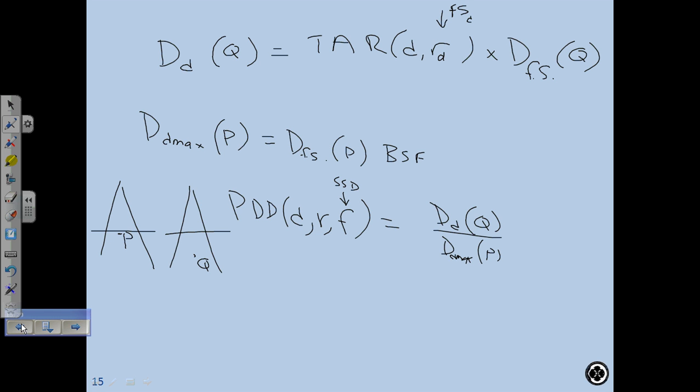It's the dose at point Q divided by the dose at point P, and the dose at point P is D max.